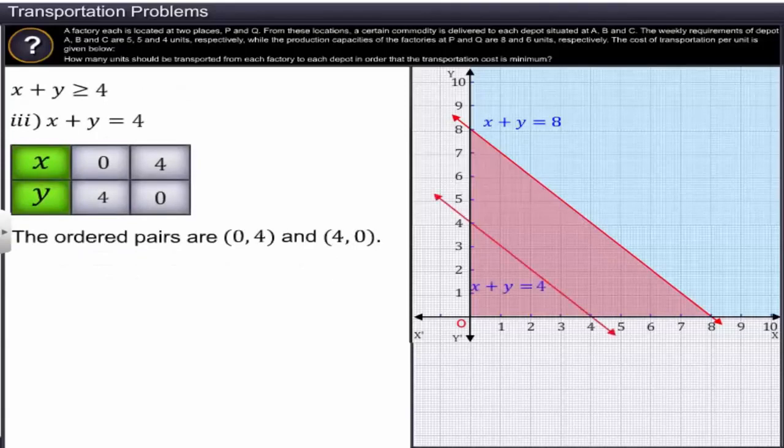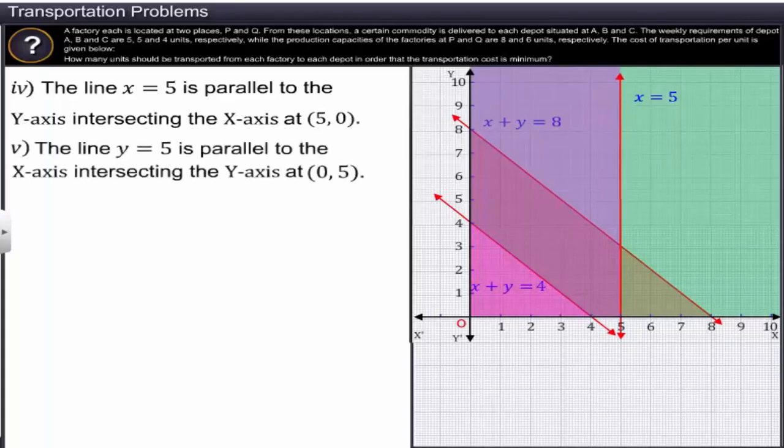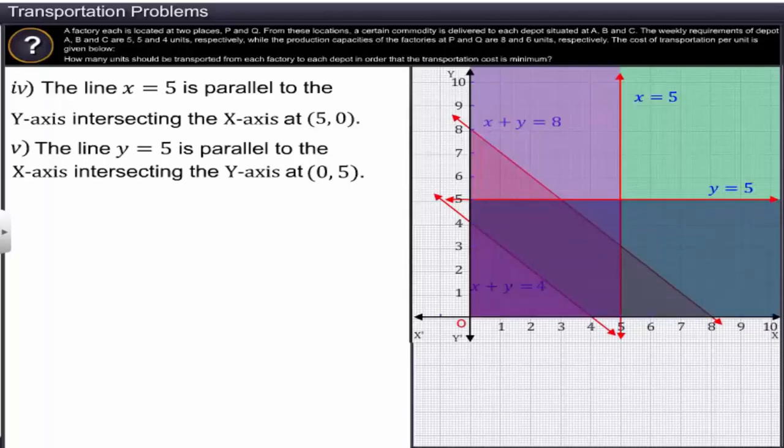Draw the graph of x plus y is equal to 4 as the reference to get the solution of the given inequality. Draw the graph of x is equal to 5 as the reference to get the solution of the inequality. Draw the graph of y is equal to 5 as the reference to show the solution of the inequality.